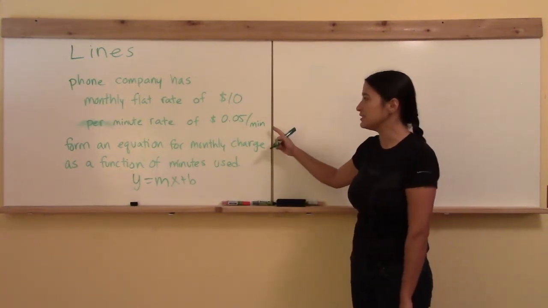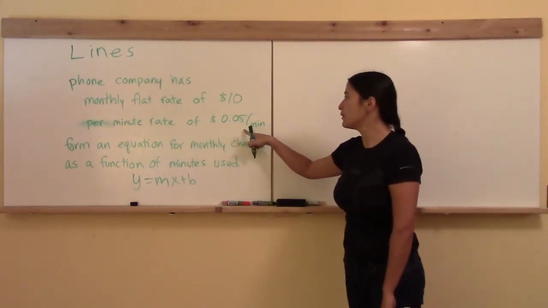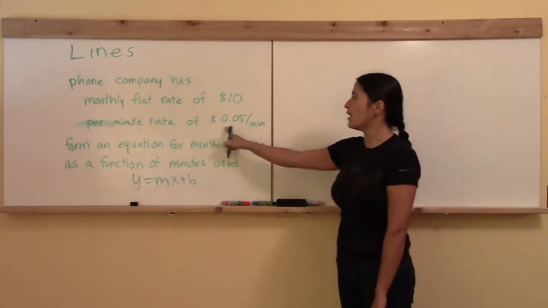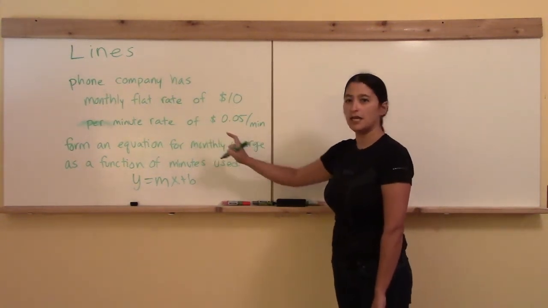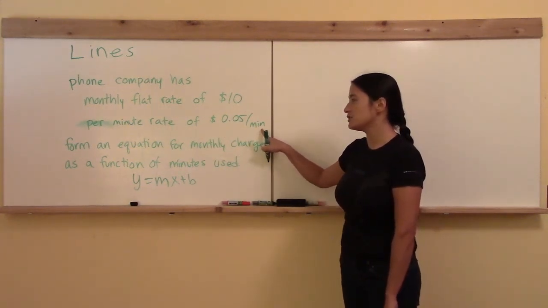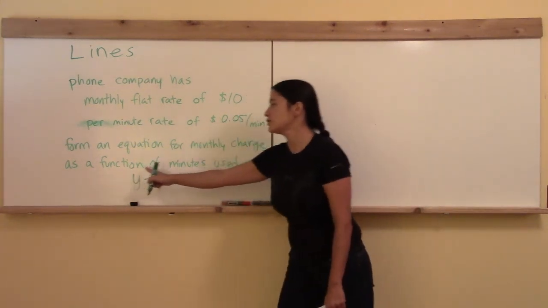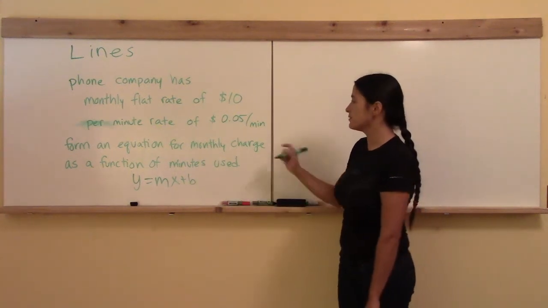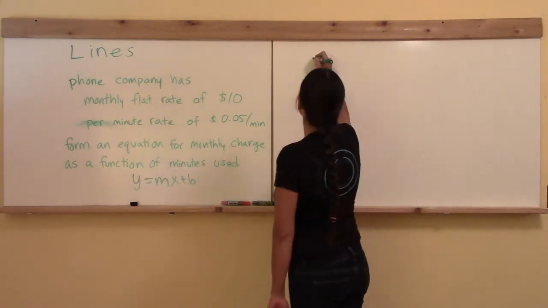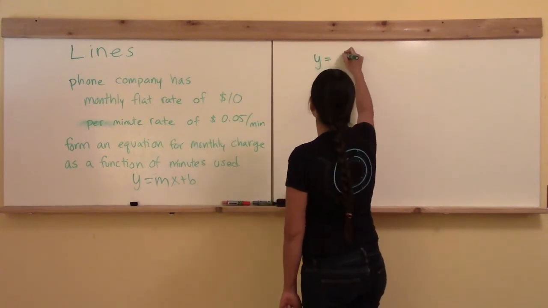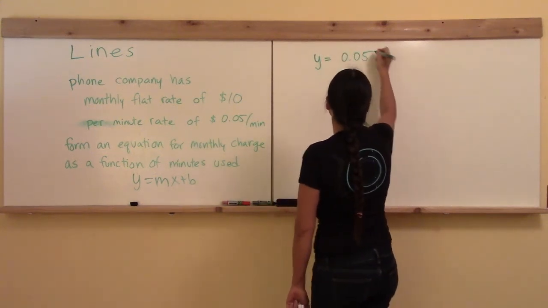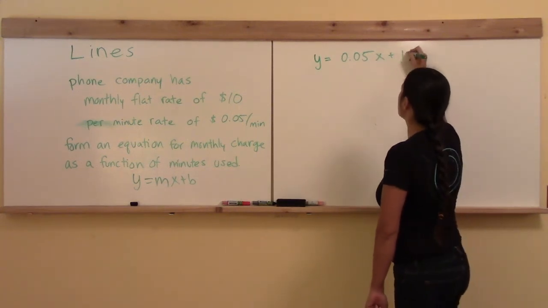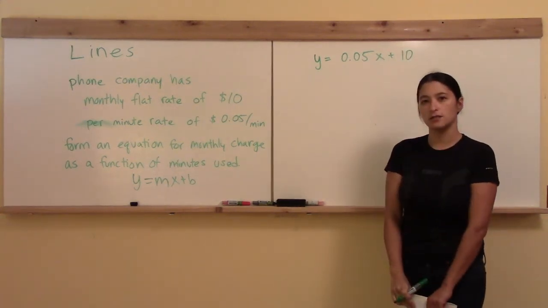This one has units of dollars per minute. And so that's the one that's going to be the slope. You see, the y variable has units of dollars, and the x variable has units of minutes, as a function of minutes used. That's how I figured that out. So the answer is going to be y is equal to the rate per minute times how many minutes used plus the flat rate of $10.